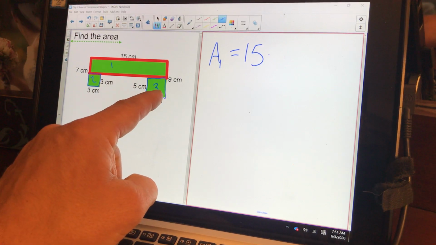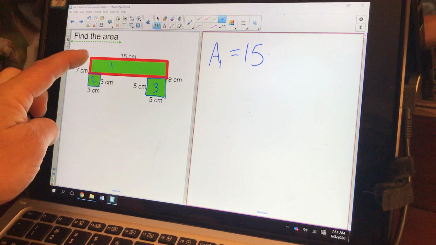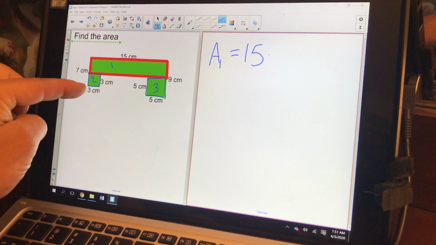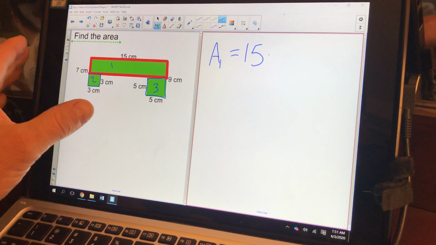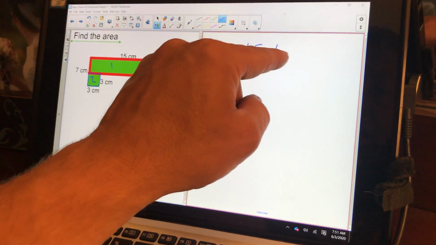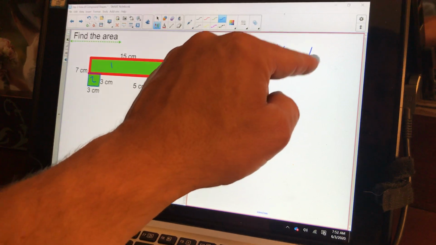So maybe it's 4. Over here, this whole thing is 7 centimeters, and 3 of them are getting used down here. So that's also 4. I think the height of that is 4 centimeters.